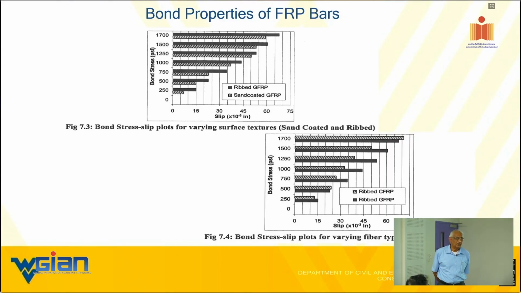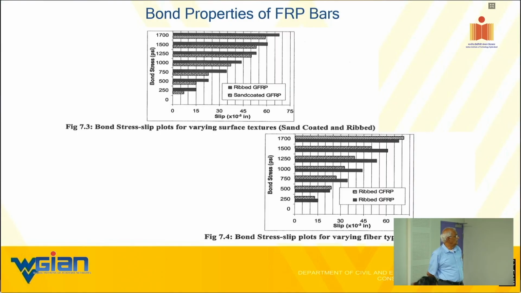So it's a kind of a blind test. They gave us 100 bars, somebody else, Florida Atlantic University, FAU. So we did that test. Anyway, you see the numbers. I have been telling you we got sand coated better bond values, but here it does not show that. You can see other kinds of rebars.